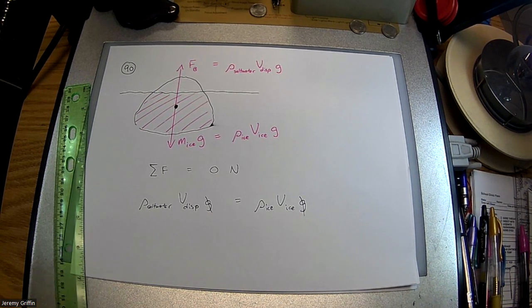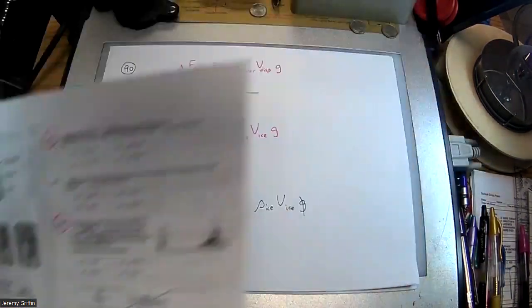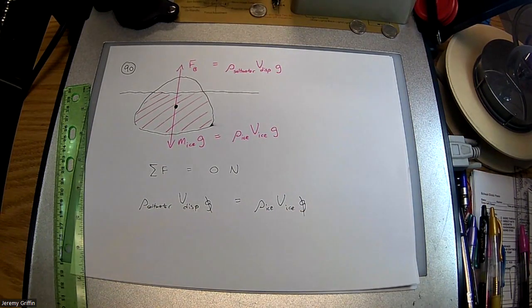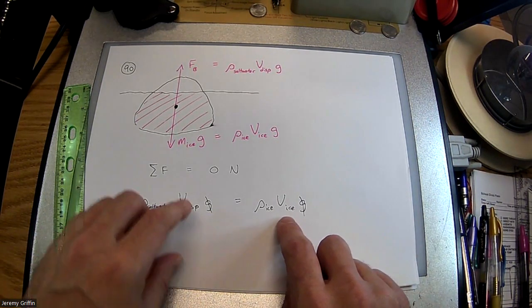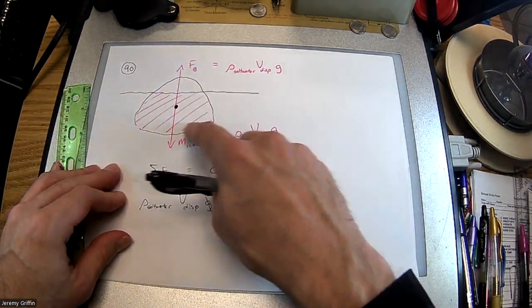Now, if you look at the question, the premise says, what percentage is submerged? Well, I got 4 variables, and none of those exactly answer that question, but you can rearrange it to answer that question. Because percentage submerged is this hatched-in volume compared to the entire volume.